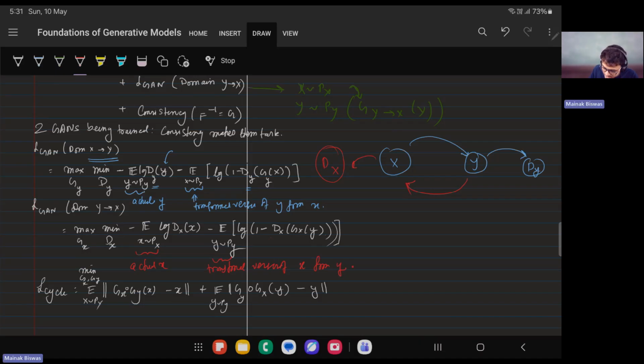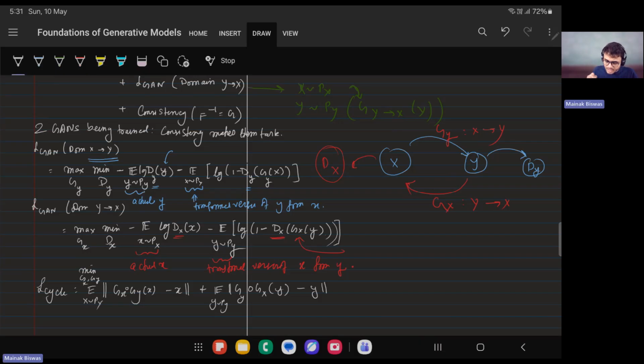So you can see the discriminator dy exists, and there's this generator gx, this is gy, which takes in value from y and gives x. This takes in value from x and gives y.